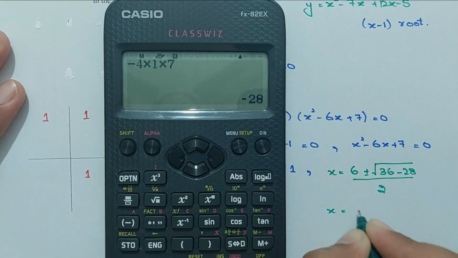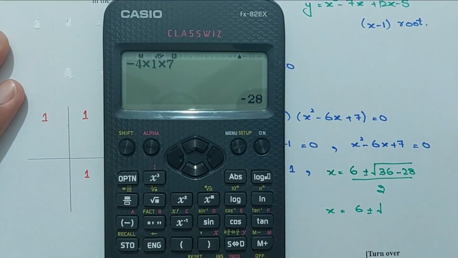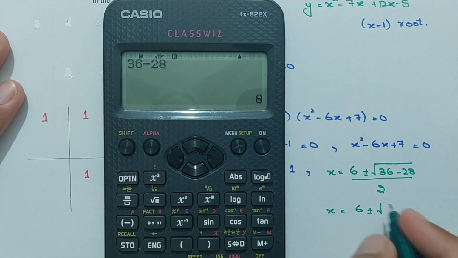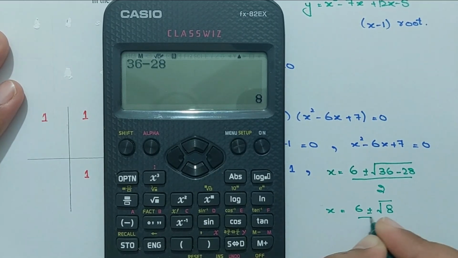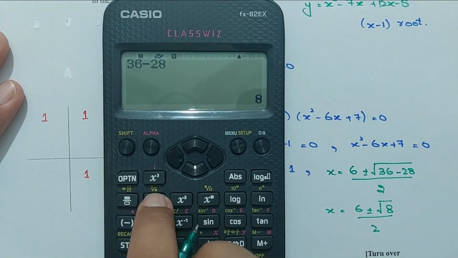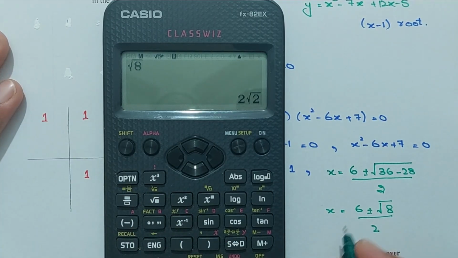So x is equal to 6 plus or minus the square root of 36 minus 28, which is 8, over 2. What is the square root of 8? Which is 2 root 2. x is equal to 6 plus or minus 2 square root of 2 divided by 2, right?